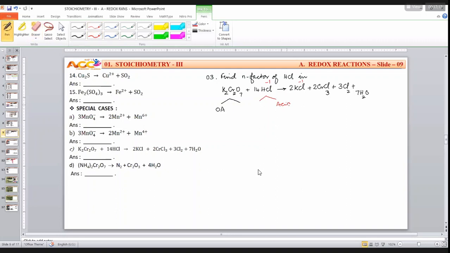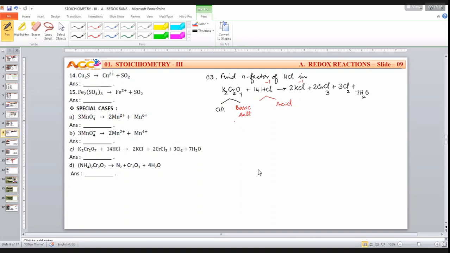So once you understand that I got one chlorine -1 here, -1 here, I am confirmed that some of the HCl are acting as an acid. Therefore, it will be acting as a basic salt. Remember that.